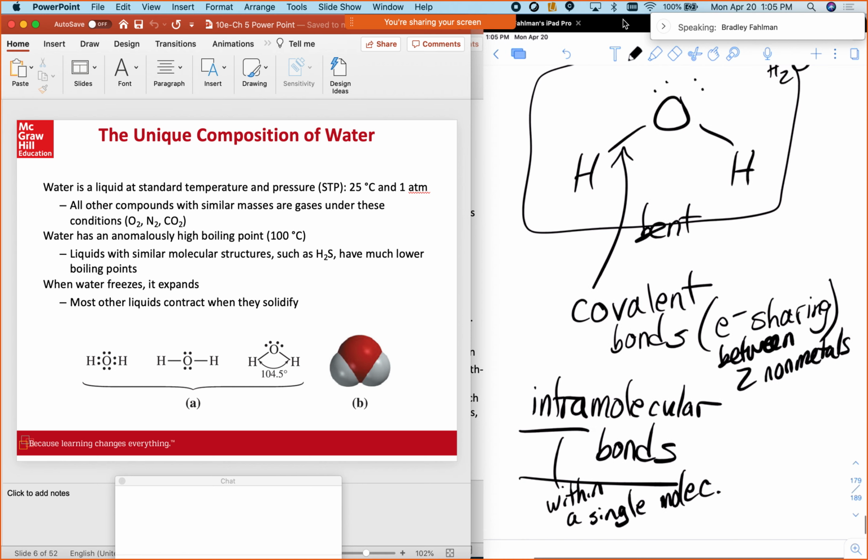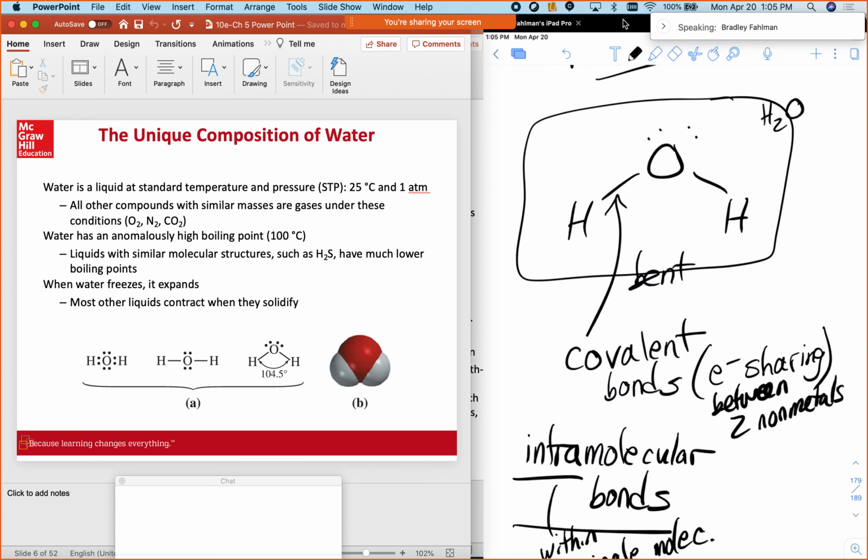Okay, and so these intramolecular forces are important when we talk about, for instance, last week, how much energy it takes to break apart a molecule or to form certain bonds. Then we care about these intramolecular forces.